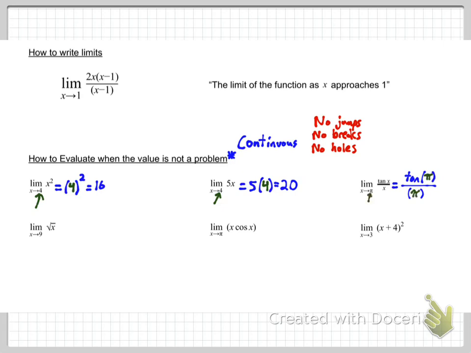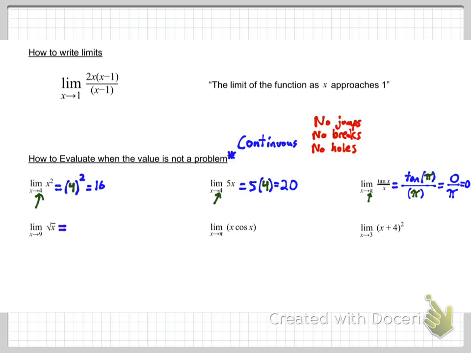So we have tangent of pi over pi, and we get 0 divided by pi, which is just 0. So the limit of that function is 0 as x approaches pi. If we were approaching a break, like tangent has lots of breaks and jumps in the graph, or dividing by 0, if we were approaching 0, we'd have to do something differently. But because we're approaching where it's continuous, that's perfectly fine.